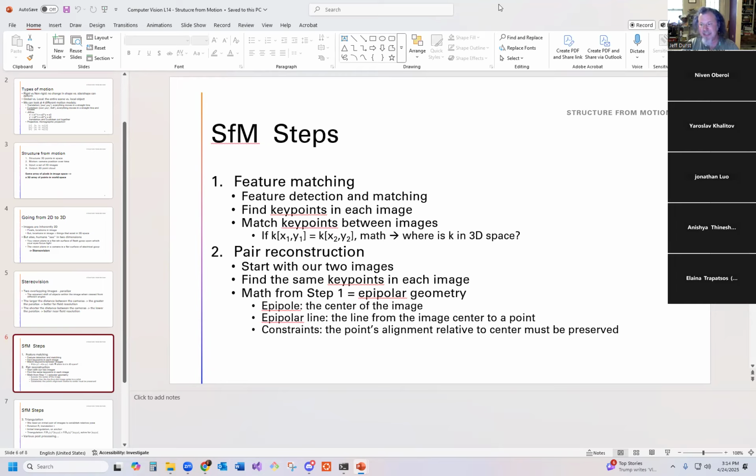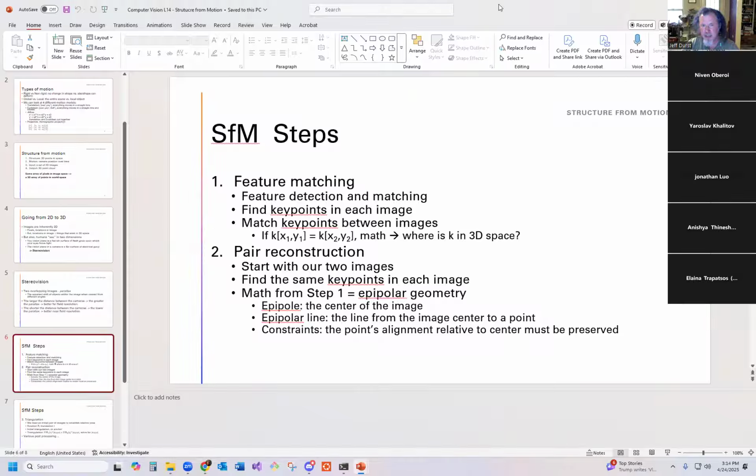So that means the line itself, not its physical location, right? You can think of it like the slope of a line in two images. That key point has to fall upon the epipolar line regardless of which image it is in.